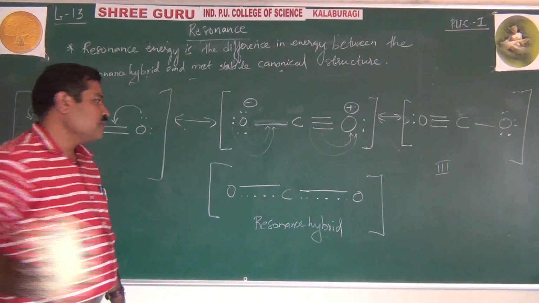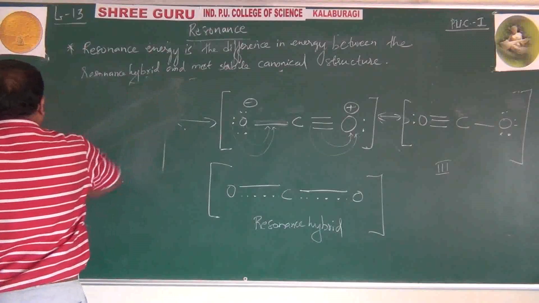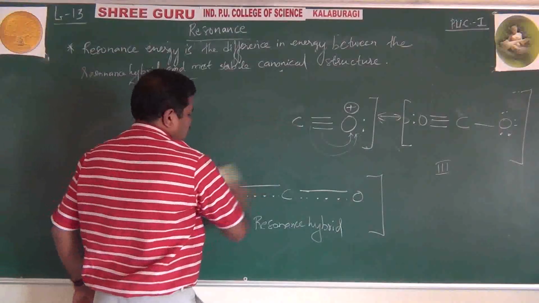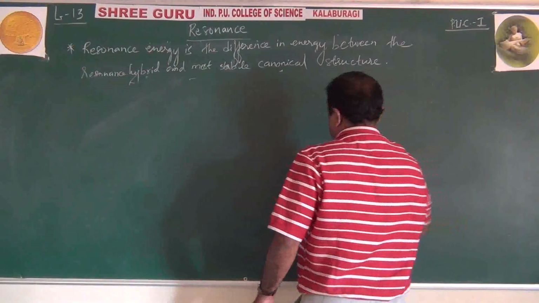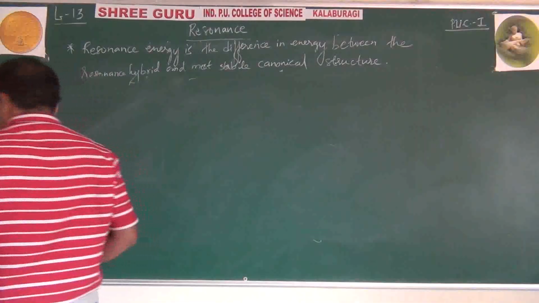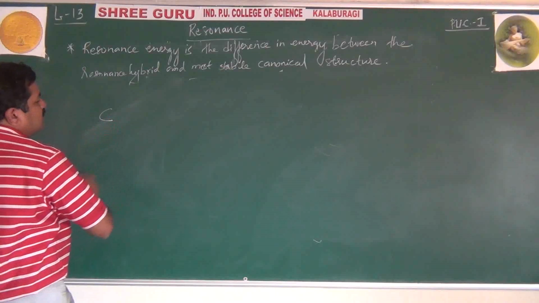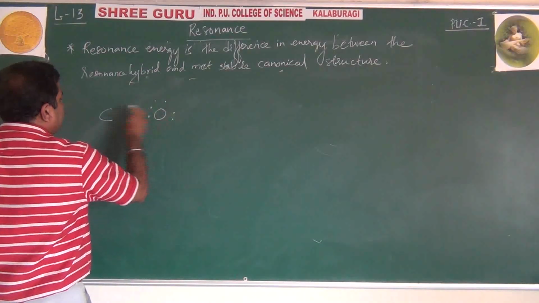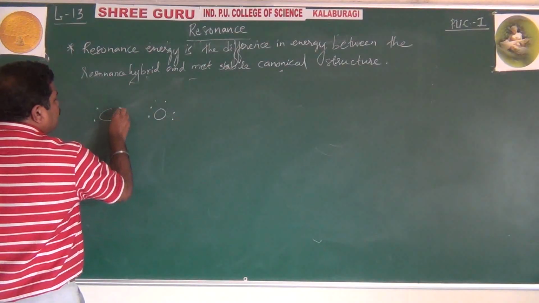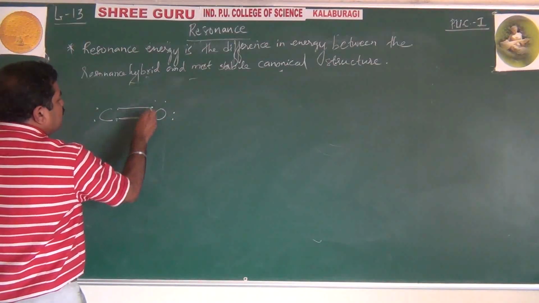In the same way, the most stable resonance structure for carbon monoxide is very important. Generally, carbon has tetravalency 4 and oxygen 6. Carbon has only 2, 4 and will first form a double bond according to the Lewis dot formula.